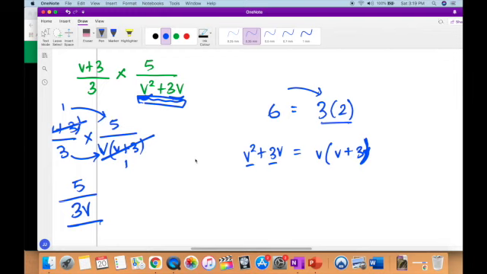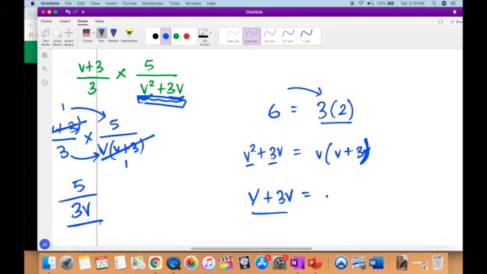I have a question for you. If I have v plus 3v, can I factorize this? How?